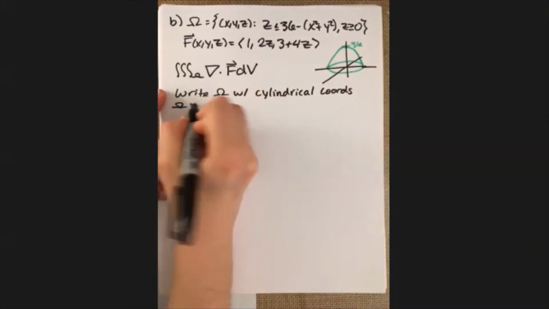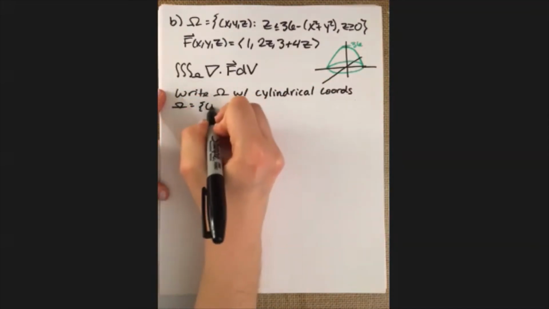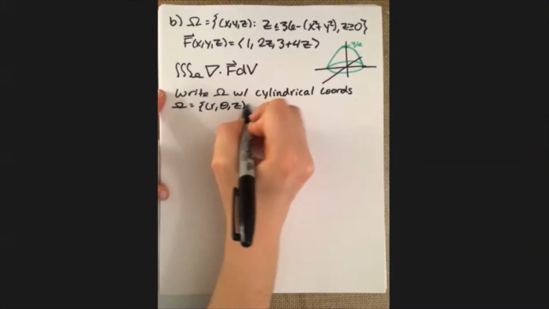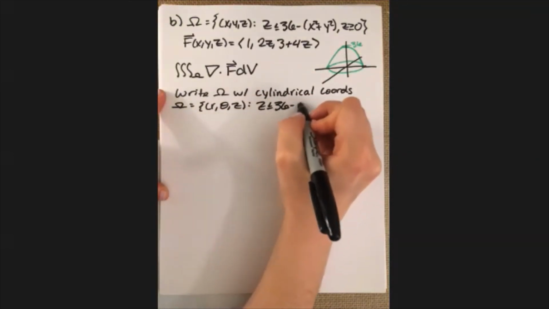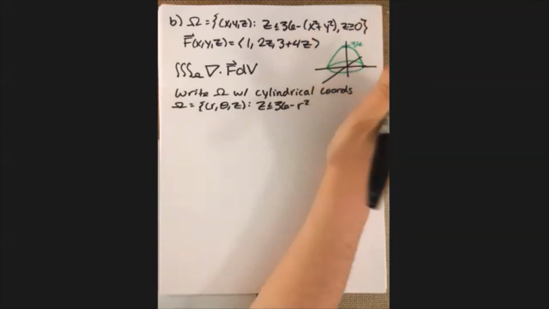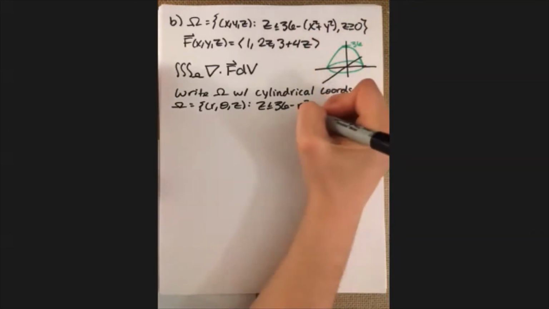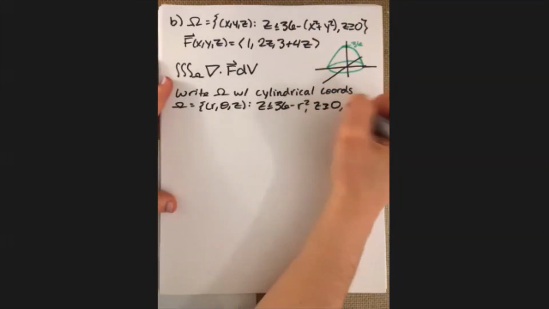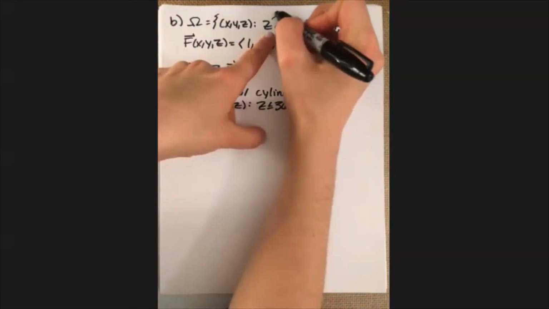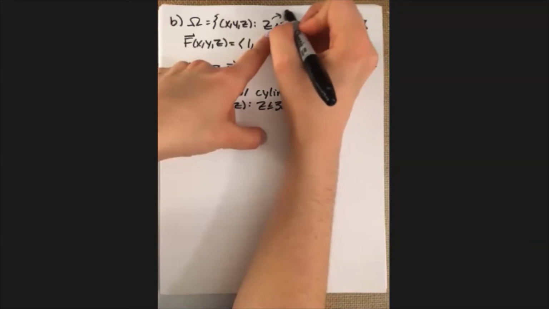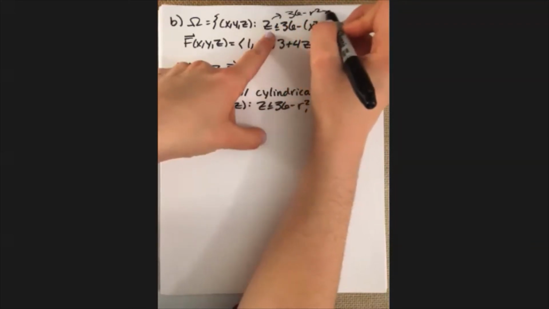So ultimately, we're going to have omega equal to r, theta, and z, such that z is less than or equal to 36 minus r squared. The r squared just replaces the x squared, y squared. We know that z is greater than or equal to 0. We also know that 36 minus r squared has to be greater than or equal to 0.